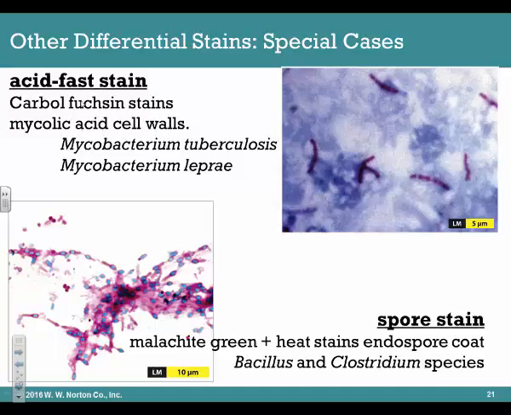So special staining techniques involve steps where acid has to be added to open up this mycolic acid and break it down a little bit so that the stain can actually get into the cell and we can actually see those Mycobacterium.